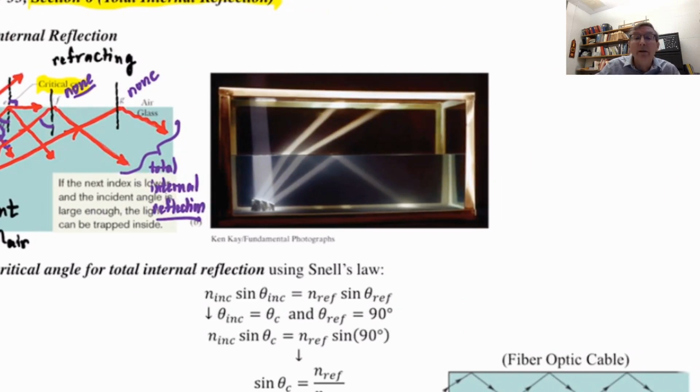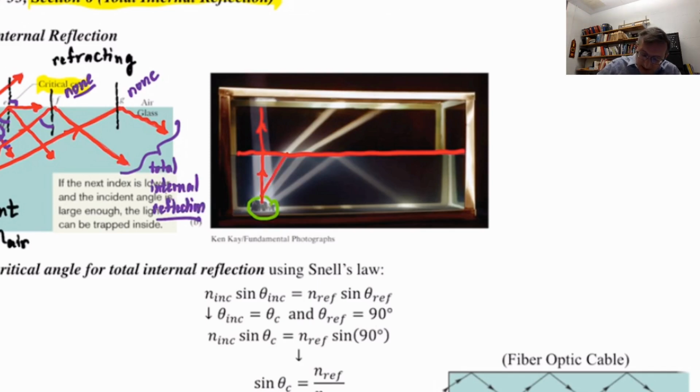It's a tank of water. Here's the interface between water and air above. You can see the source of the light is just right down there in the water. Some of the light goes straight up to the interface and then comes straight out, and part of it's reflected.